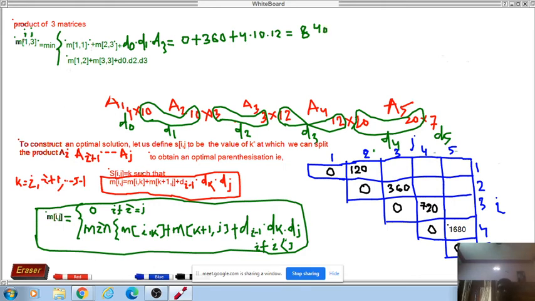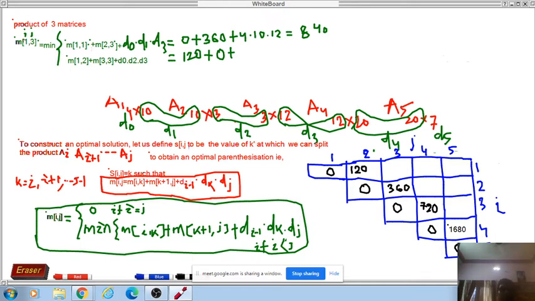Okay. Similarly, this will be how much? M of 1 2 will be, tell me. M of 1 2 will be how much? 120, plus what is my M of 3 3? 0. Then what will I write?